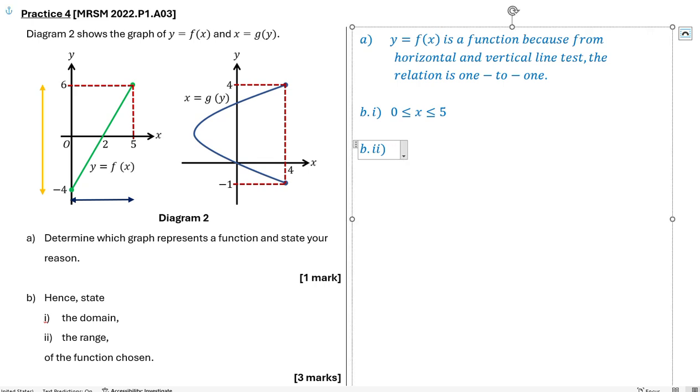Again, it's very easy because so far it doesn't require complicated algebra operation. So the range is, the lowest one is -4 ≤ f(x), and the highest point is 6. That's all.